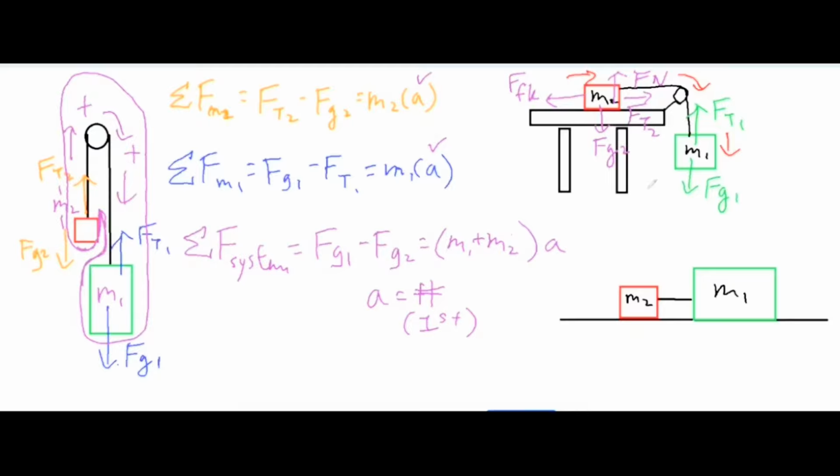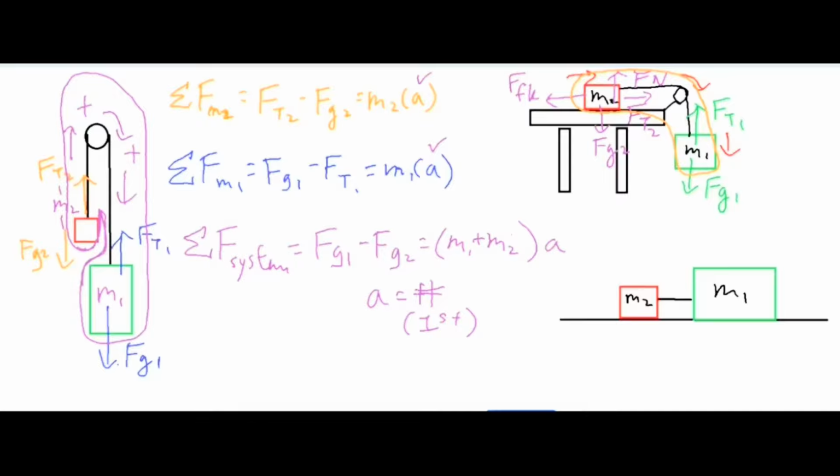So if we took a look at our entire system for this one, let's go ahead and wrap our system up to specifically define what it is. And you could see that all of the forces are internal. This Fn would be sticking out, it just kind of ran out of room, and this Fg2 would be sticking out.